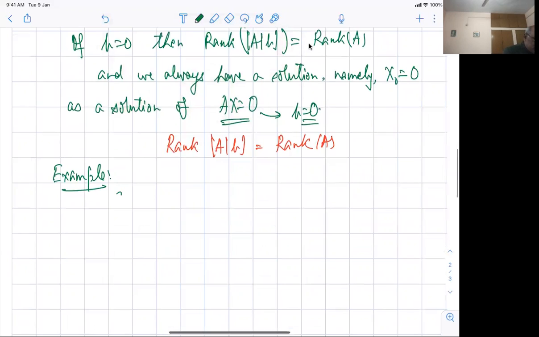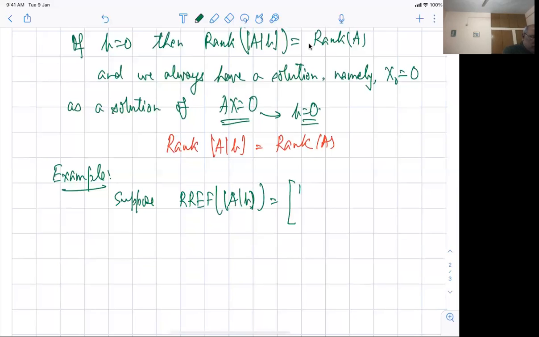So suppose RREF of [A|b] has this form: 1 2 0 -1 2, and 0 0 1 2 3. Suppose this is the form of RREF of this.